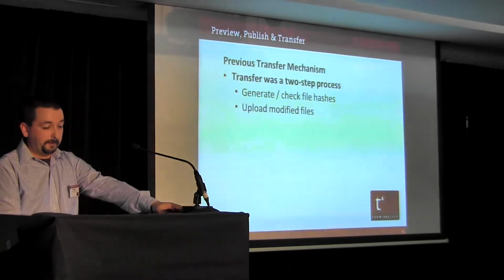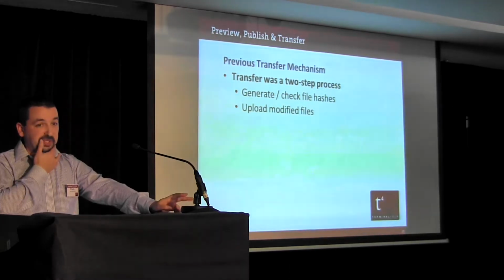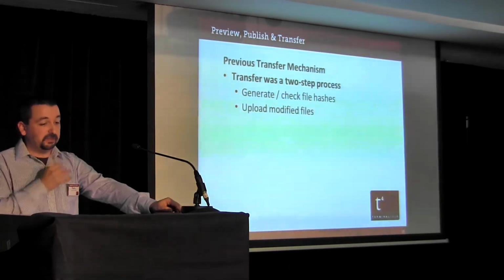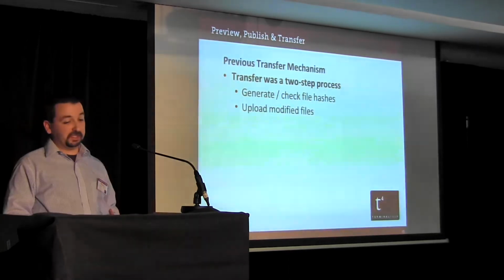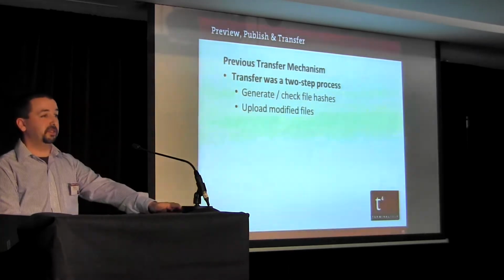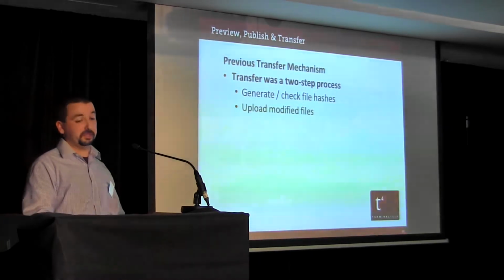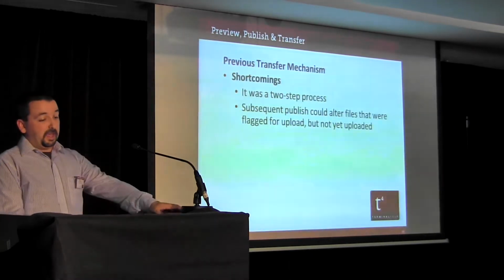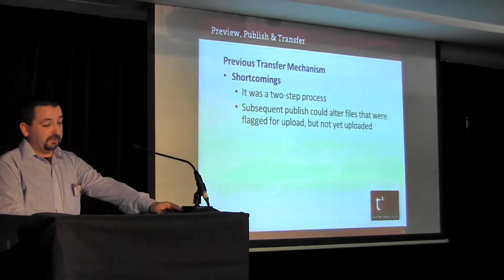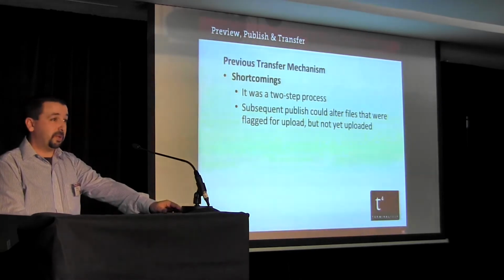Now, to look at transfer, previously transfer was a two-step mechanism. So the first step was we generated the hashes and checked the file hashes to determine which files needed to be uploaded, and then we uploaded them. There were shortcomings in this. The first of these was, it was a two-step process.